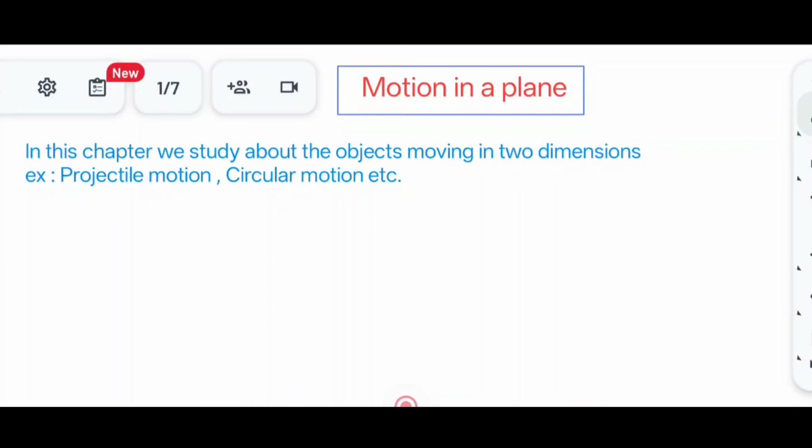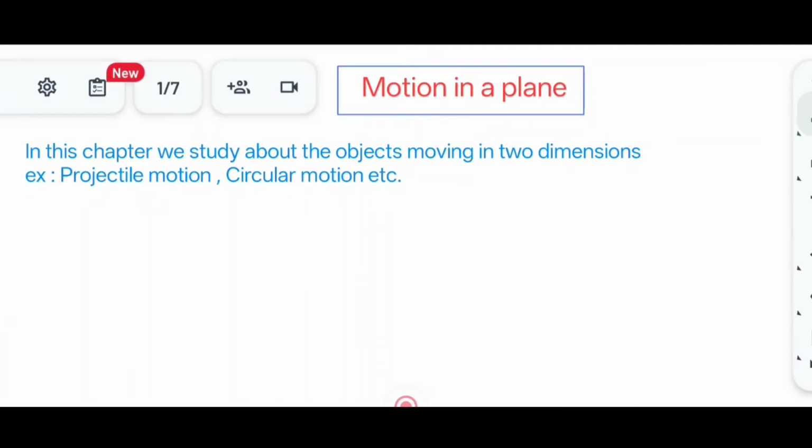Today we are going to study about the motion in plane. Motion in plane is nothing but motion where the body has two dimensions of motion.